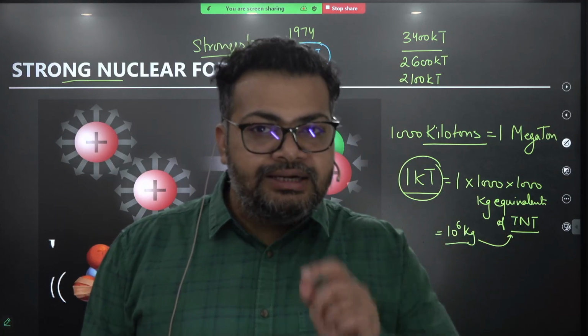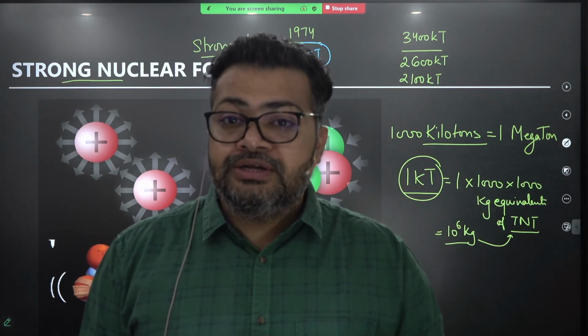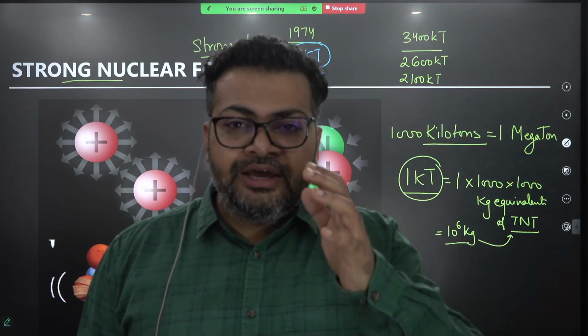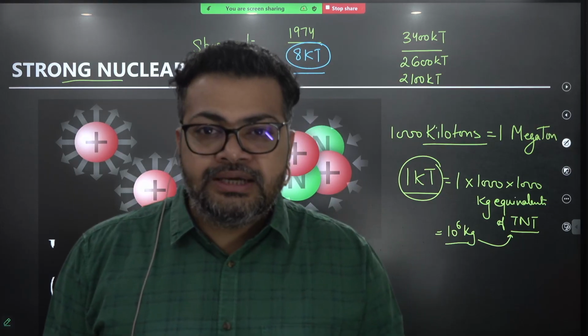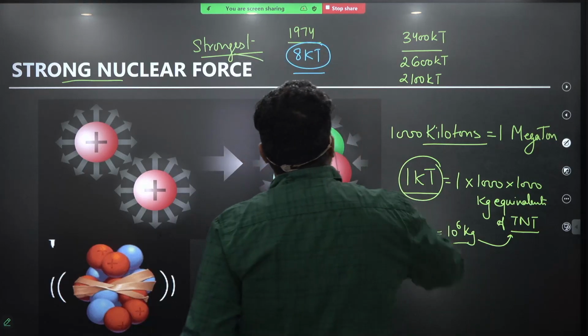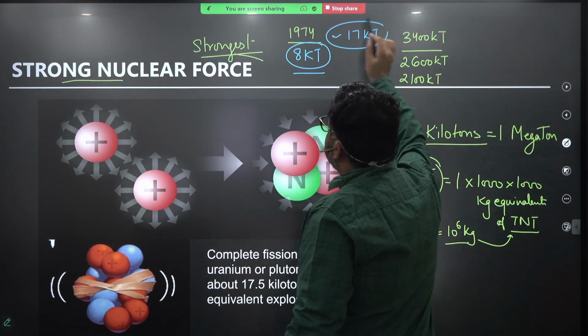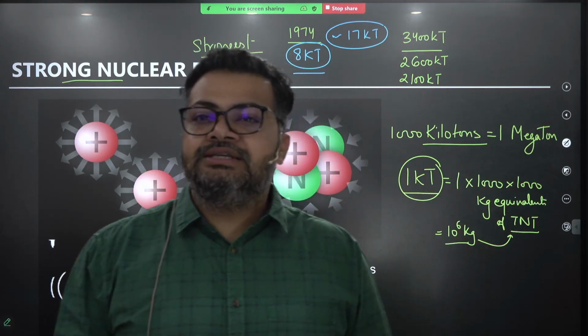No guys, understand this. See, 8 kT is also a huge amount of energy. The bomb that was dropped on Hiroshima and Nagasaki had an intensity of nearly 17 kT. It was just a 17 kT bomb, and you all know that it destroyed the entire city.